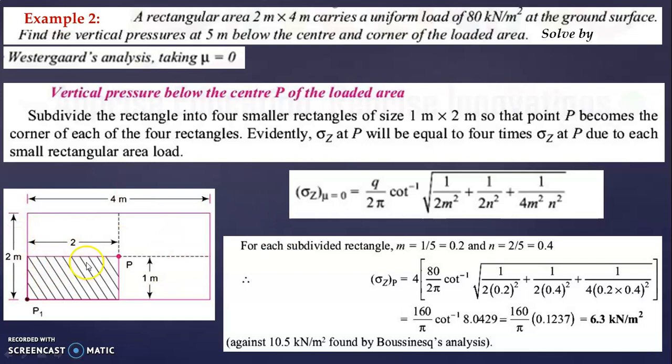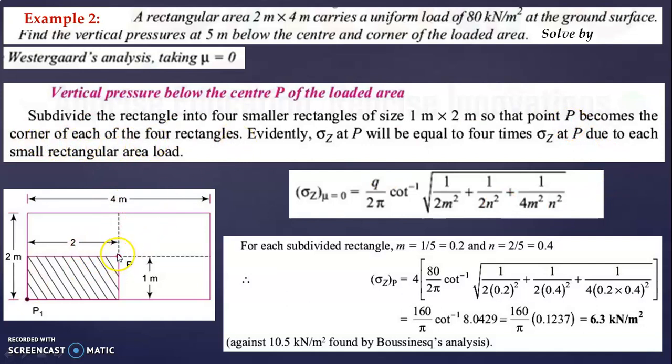That gives the vertical stress of the whole rectangle. So that's why we are dividing this rectangle into 4 sub rectangles of size 1 meter by 2 meter. So that point becomes the corner of each of the 4 rectangles.